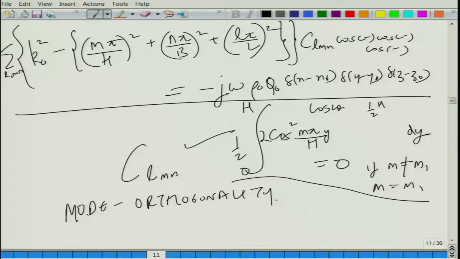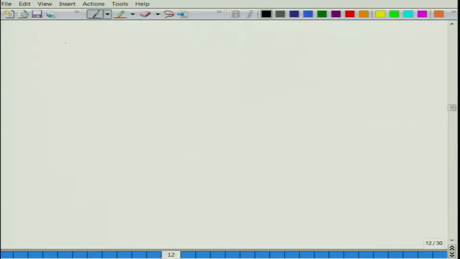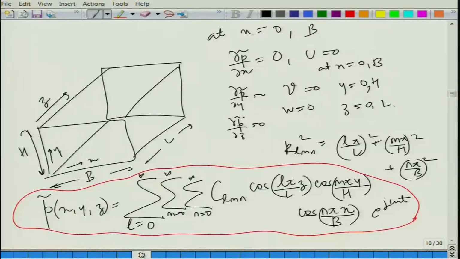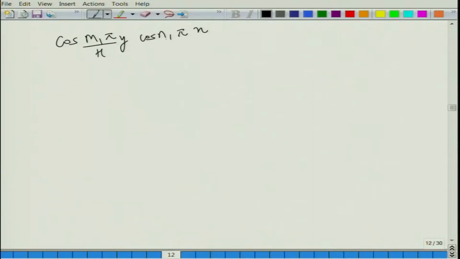So, we will multiply this equation, let us say equation 5 with cos m1 pi y by h and cos n1 pi x by b. We will multiply both sides by this, multiply both sides.